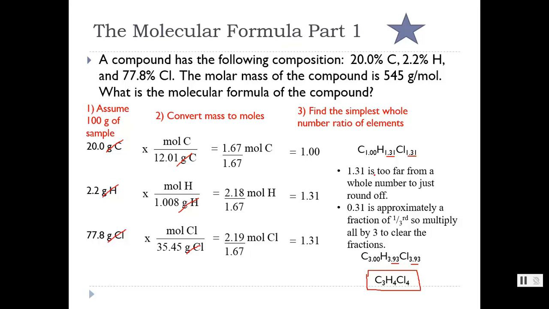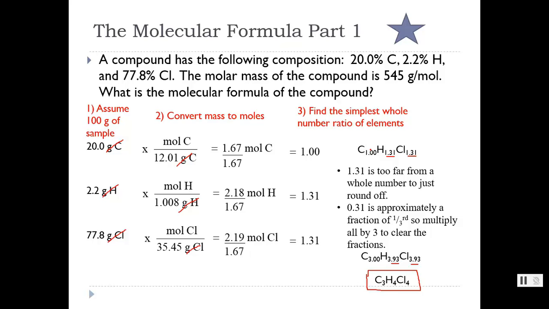Now in the last slide for this little video, I'm going to talk about when you can't round. There's going to be 2 instances where you can't. This 1.31 is an instance where it's just too far off from a whole number to round, and so we needed to multiply by the appropriate fraction to get them to be whole numbers. And when you do that, please note that since we multiplied the H and the Cl by 3, we had to multiply the carbon by 3 as well, even though it was already a whole number.